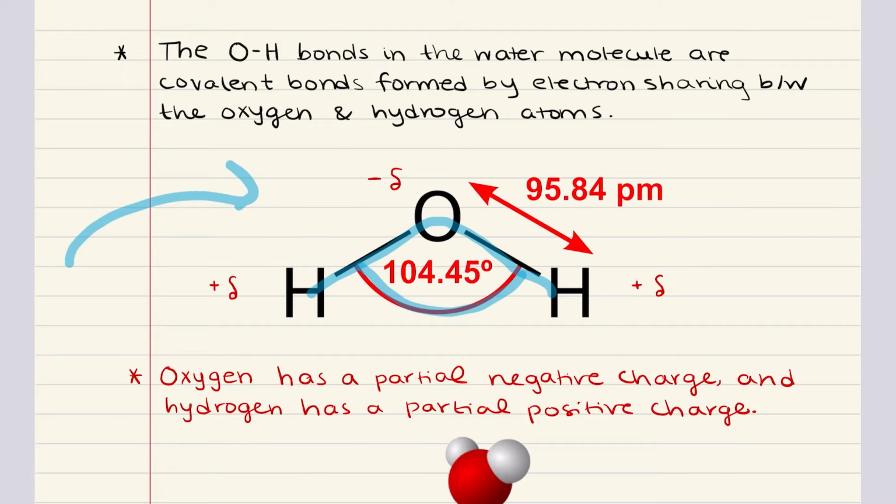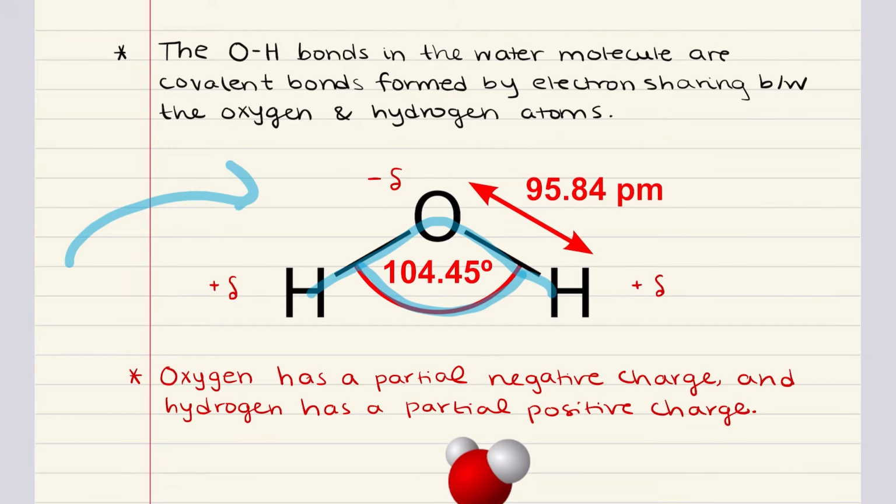Now, the H-O-H bonds in the water molecule are covalent bonds that are formed by electron sharing between the oxygen and the hydrogen atoms. However, the electrons of the bonds are not shared equally between these atoms. Oxygen is more electronegative. It enjoys electrons more than the hydrogens do, so it pulls those electrons a little bit more towards itself.